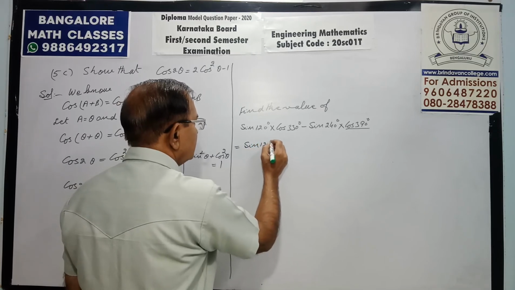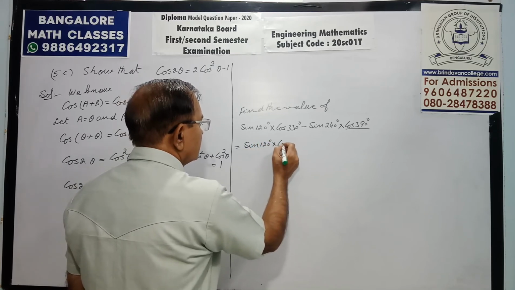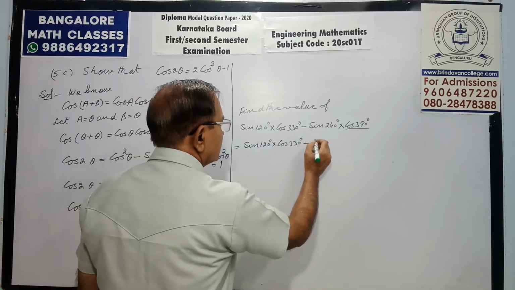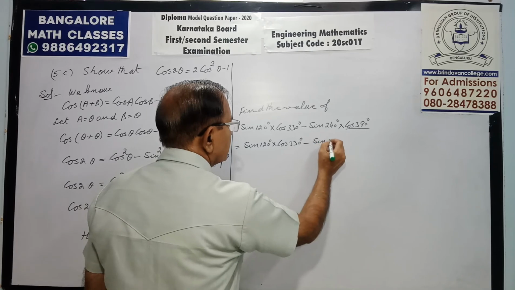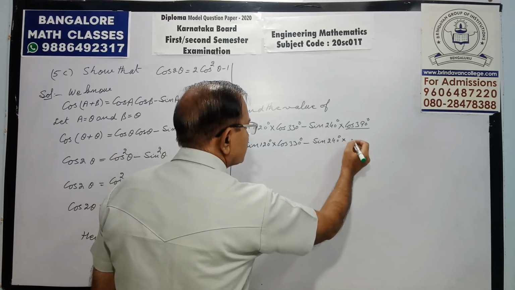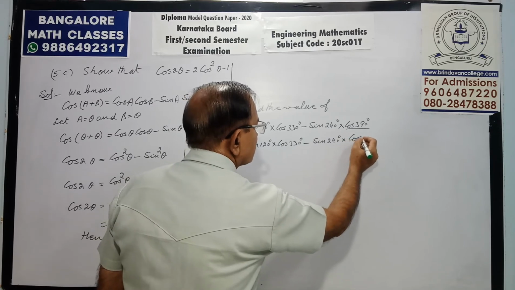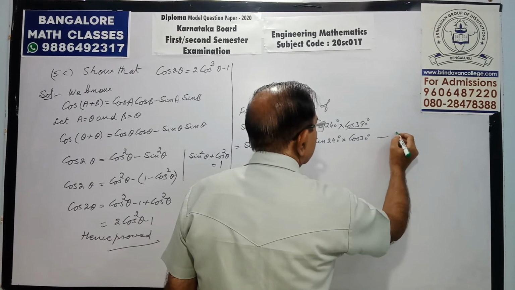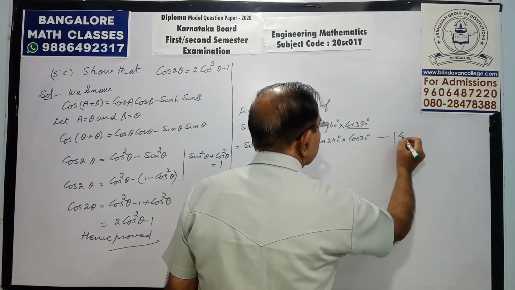sin 120 degree, cos 330 degree, sin 240 degree, subtract 360, that is cos 30 degree. Here we can write the concept we have used.